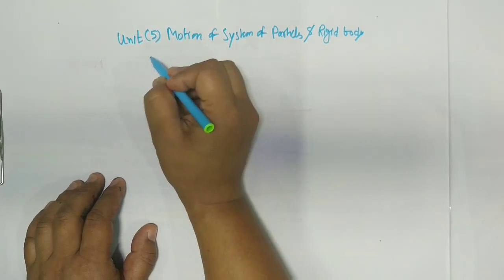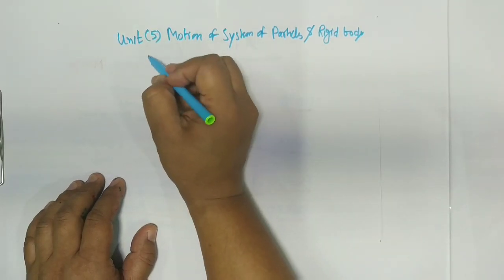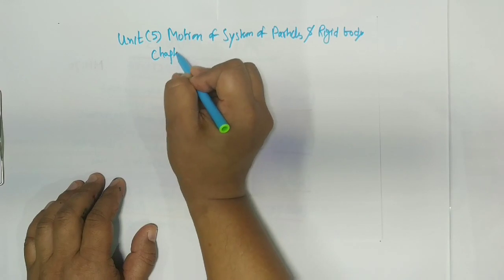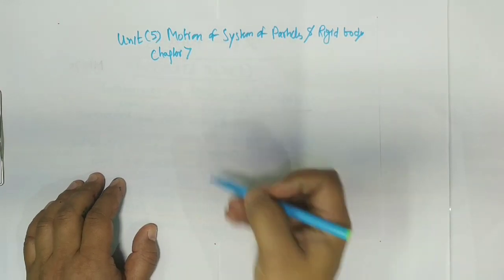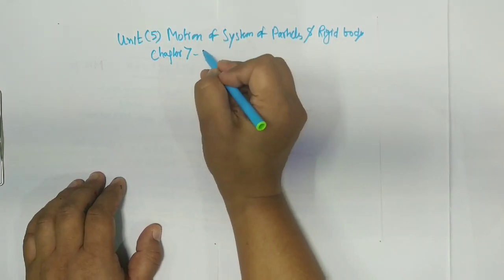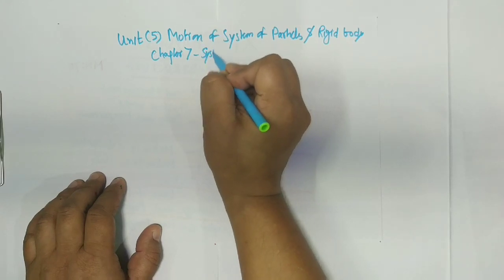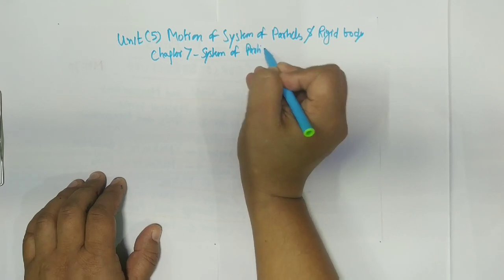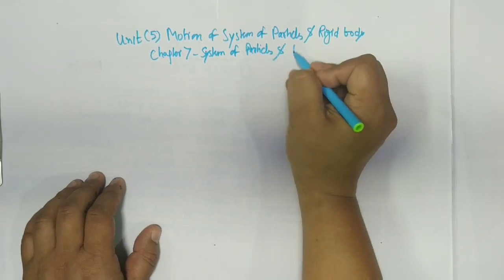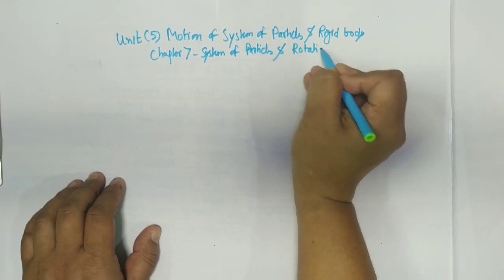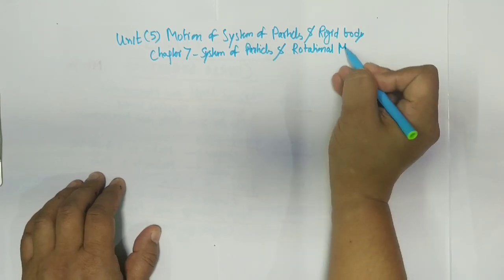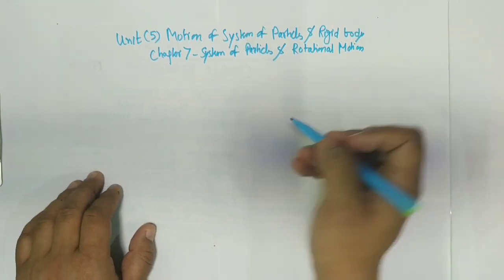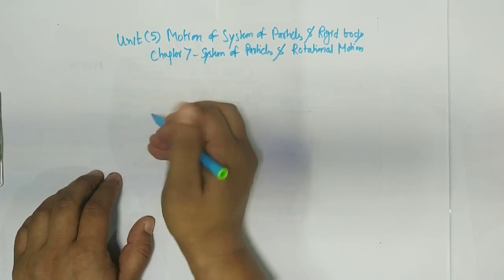It has chapter number 7, which is system of particles and rotational motion. This is the chapter related to rigid bodies, unit number 5.